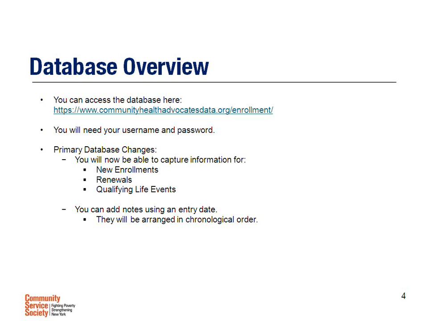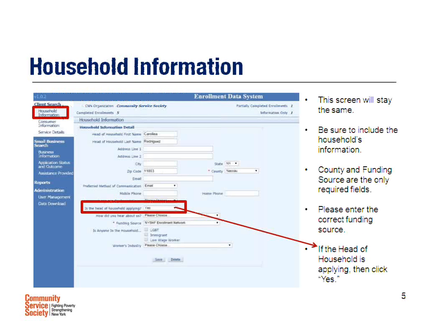So the primary database changes were the ability to track new enrollments, renewals, and qualifying life events. And the other big change was in the notes section. You will now be able to enter a specific date for different notes. And that will be very important because a lot of the changes were based on immediate feedback we got from all of you.